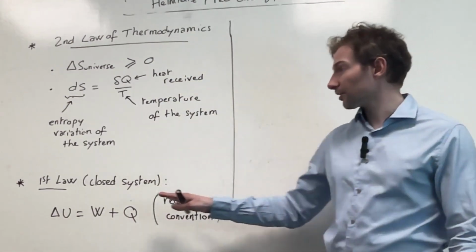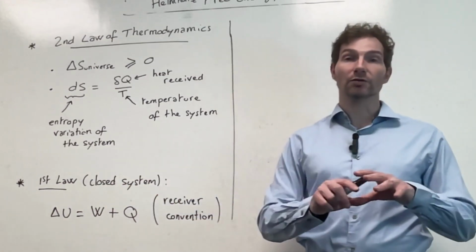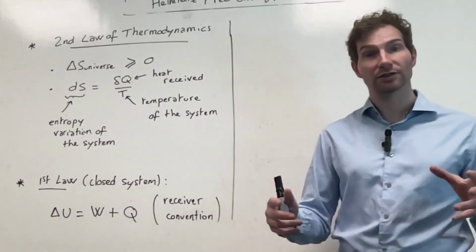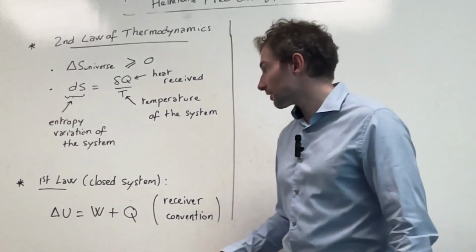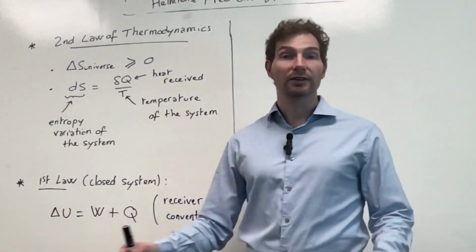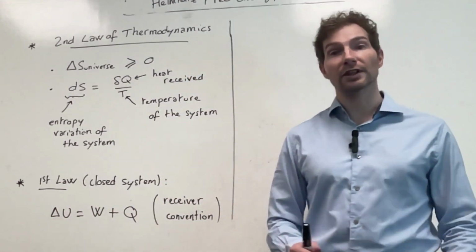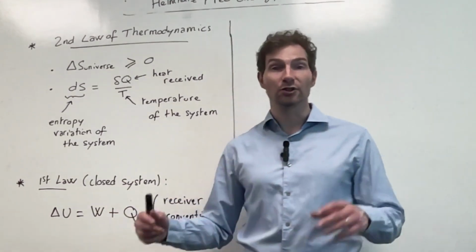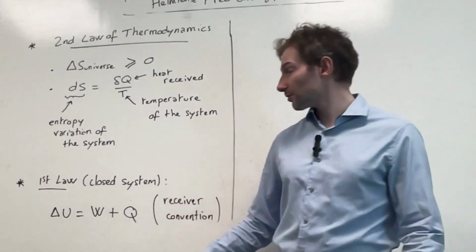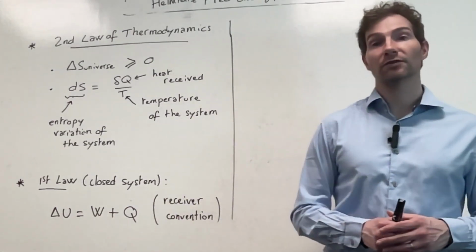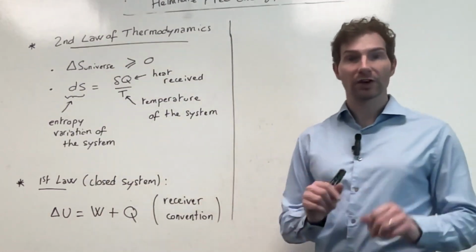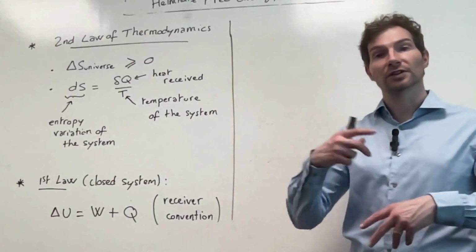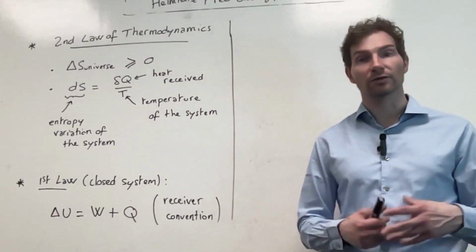I'm just saying, let's assume we are in a closed system. So the amount of matter is fixed in the system, including the composition of the system. And then I simply say that delta U, the variation in internal energy in that system, is simply W plus Q, where W is the work received by the system and Q is the heat received by the system. Now, sometimes you may see in some textbooks minus W plus Q. That's because there is a mixture of conventions.